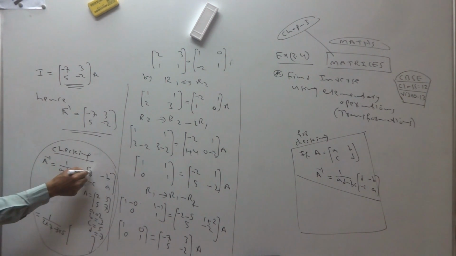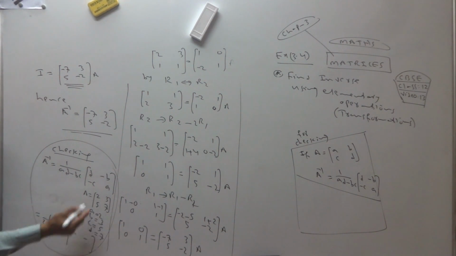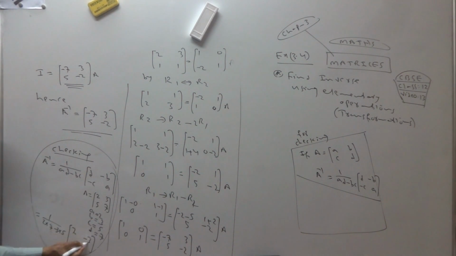In the formula you substitute: what is D? 7. What is B? 3. What is C? 5. What is A? 2. So what I get, you see, 1 by 14 minus 15, 1 by minus 1, 7 minus 3, C is 5, 2. The 1 by minus 1, minus into everything, minus into all these: minus 7 plus 3 plus 5, minus 2.